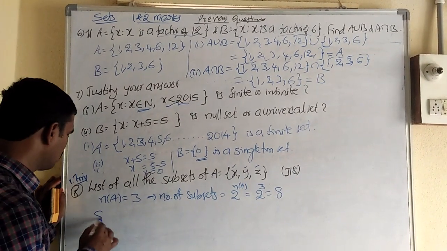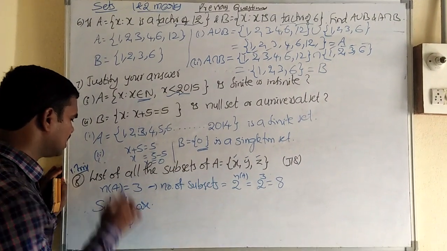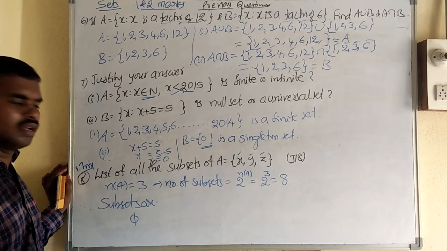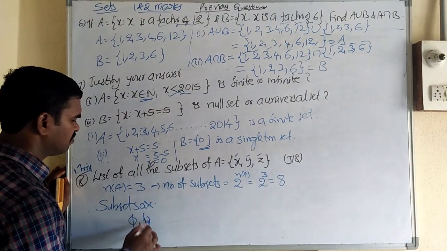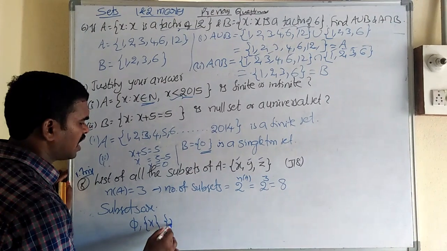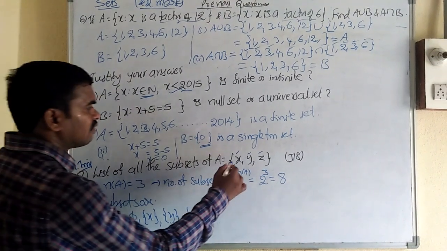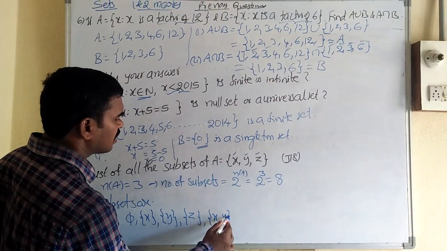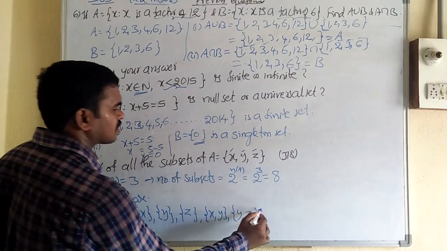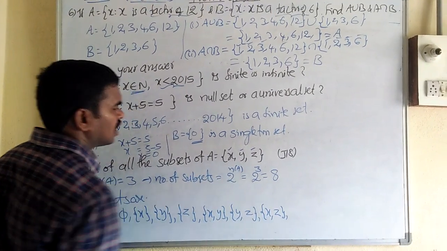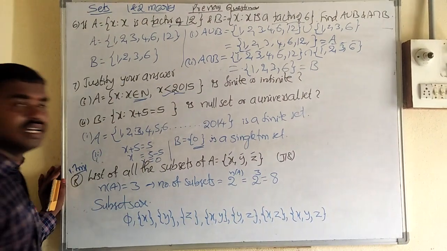The list of subsets: first one is the empty set, phi, don't give brackets. Then the first element X, the second element Y, the third element Z, then first two, X comma Y, next two, Y comma Z, first and last, X comma Z, and all the elements, X comma Y comma Z. These are all the subsets.